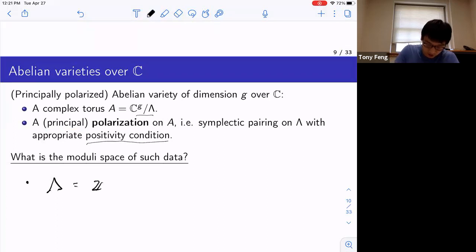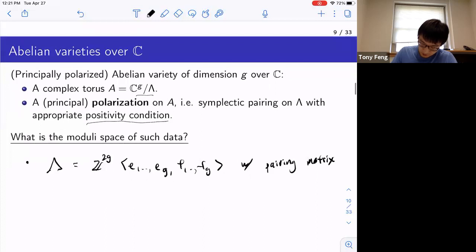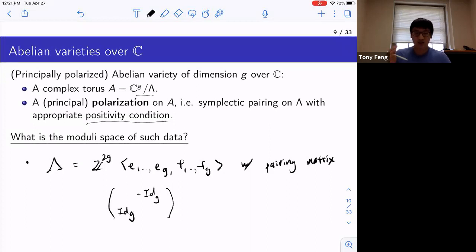It's necessarily free of rank 2g, on generators e_1 through e_g, f_1 through f_g, with the standard pairing matrix for a symplectic form. So abstractly the symplectic lattice has to look like this.